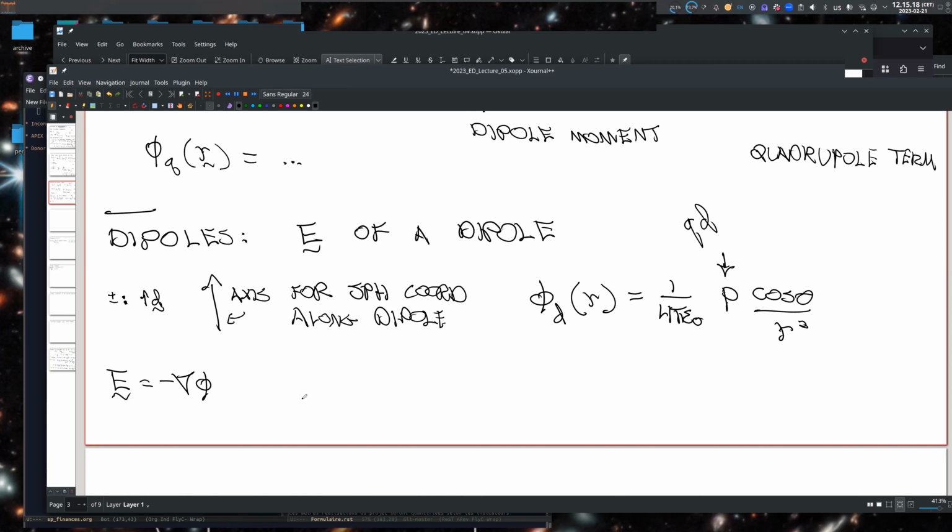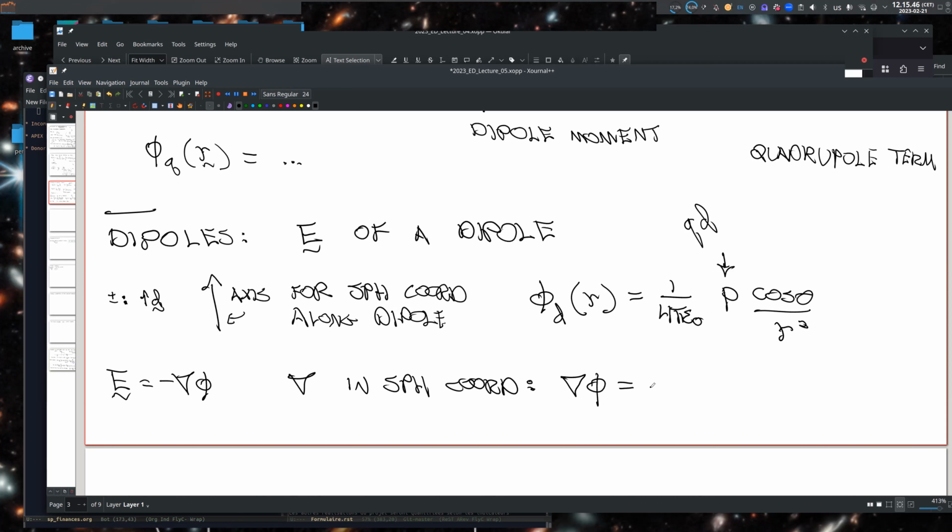And here I'm going to use spherical coordinates. Essentially, I want to have the gradient in spherical coordinates, which is in the notes. So yeah, the gradient of a certain function phi in spherical coordinates looks like this.